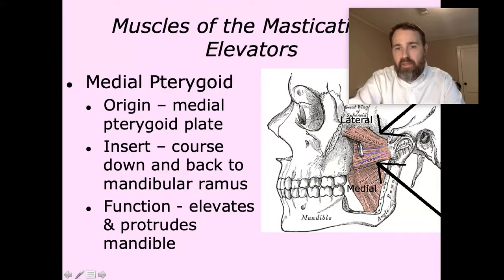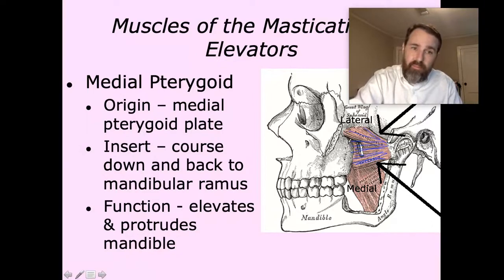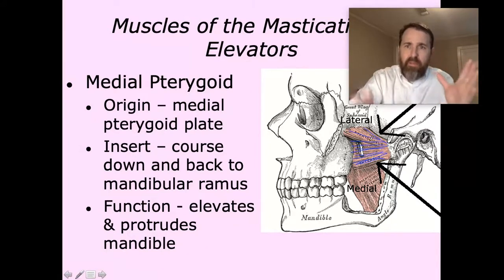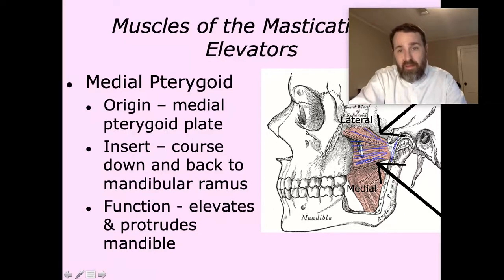So it's lateral, meaning it's more sideways. It's more transverse. So this is running between the mandible and the back of the maxillary bone. And you can see that when the lateral pterygoid muscle contracts, it is going to pull the mandible forward.